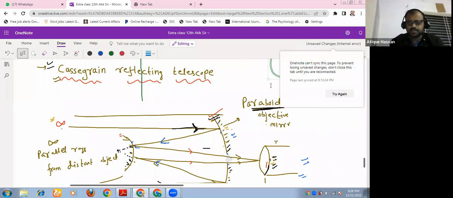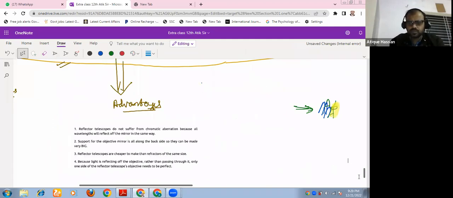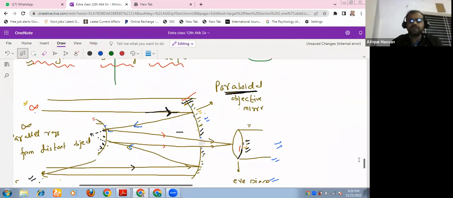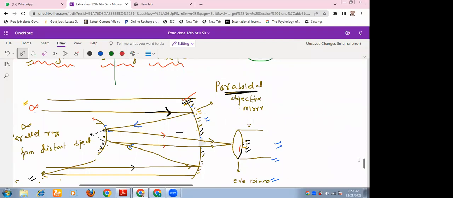So aberration, right? You may have heard about how lenses can have different focal lengths for different colored light. Have you heard about that? Yes, sir.